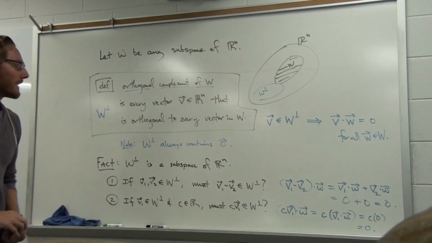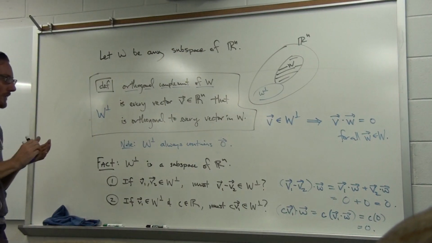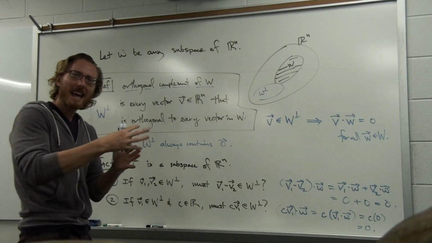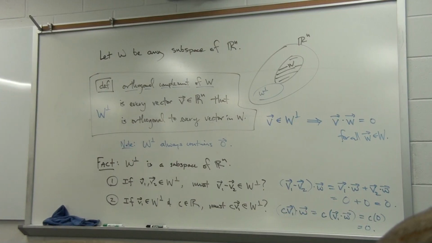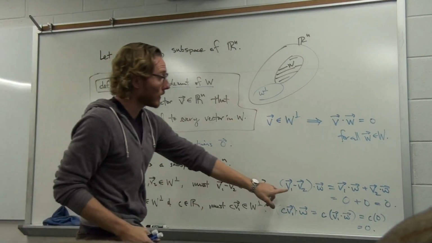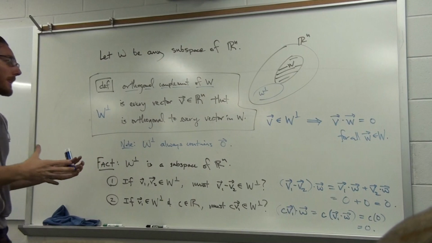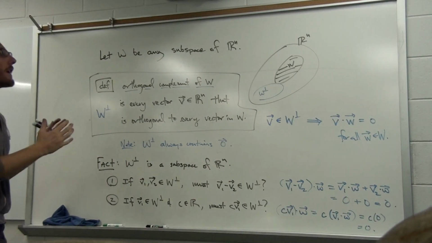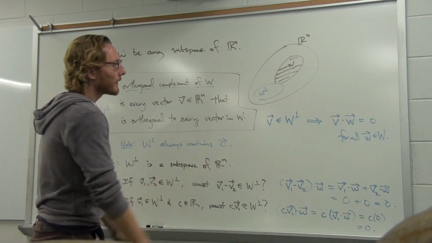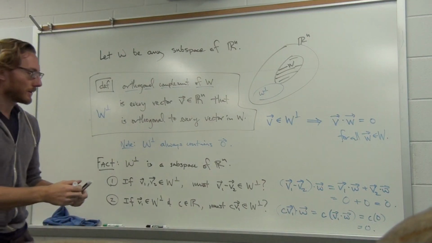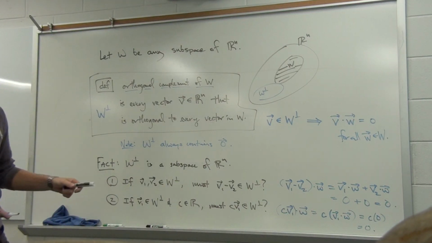The subtraction thought, if you try to think of that geometrically, is a little bit harder to do because you'd have to add these vectors head to tail, and that would be kind of funky to think about. But the long story short is we've shown, mathematically at least, that whenever you take two vectors orthogonal to everything in W, whenever you look at their difference, you get something that is also orthogonal.